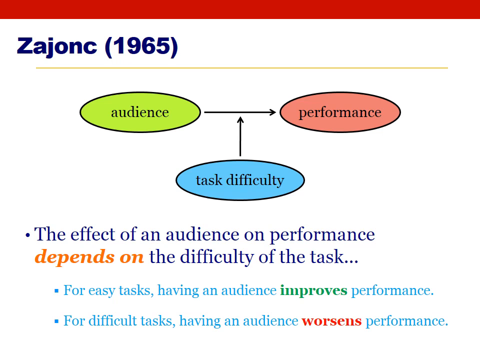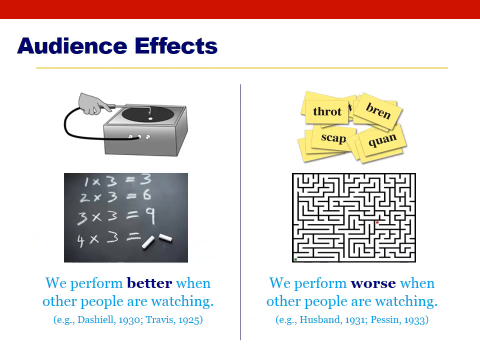But if the task that we're doing is something that is difficult, having an audience makes us perform worse. So the effect of the audience on our performance is different depending on that moderating variable, the difficulty of the task.